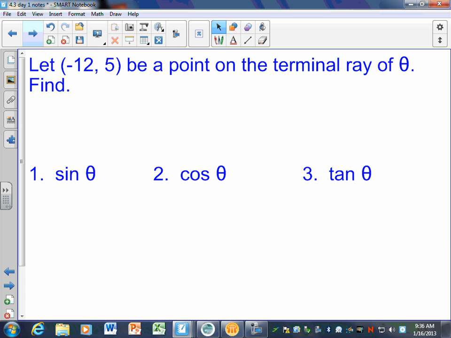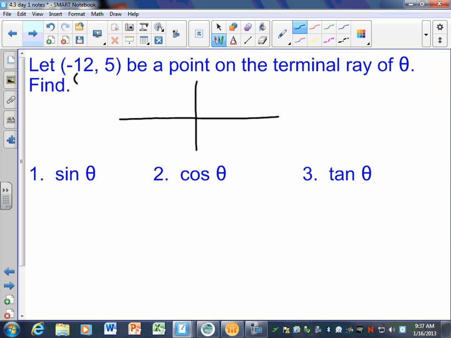Yeah, we don't know where theta is. We don't need to know where theta is, really. Because if they give us the point, we're going to know how far to draw that angle, right? So I'm going to kind of draw this just to show you, but then we'll talk about, did you really need to draw it to do this? I'm not going to make a super accurate graph, but if this is my ordered pair, do you agree that I can figure out where my point is on my terminal ray by just graphing the point negative 12, 5?